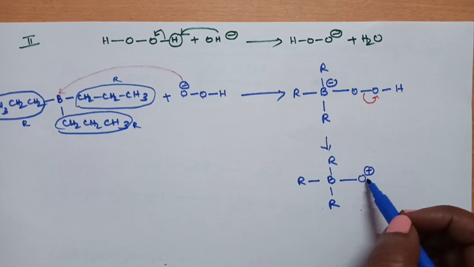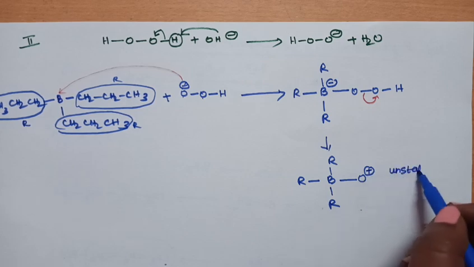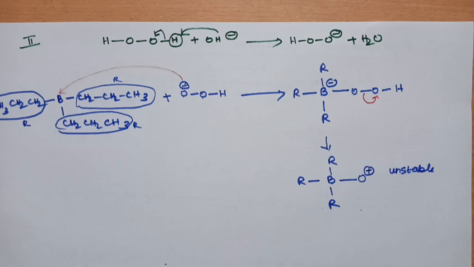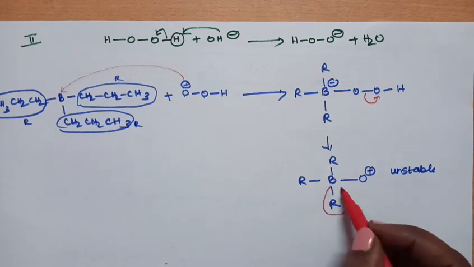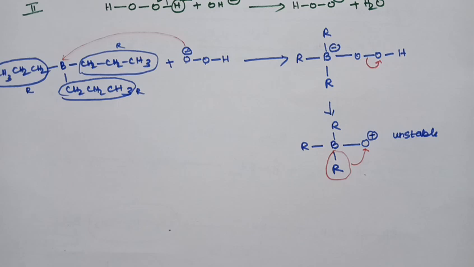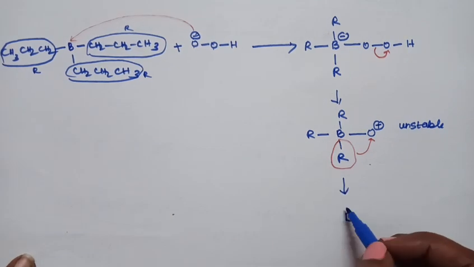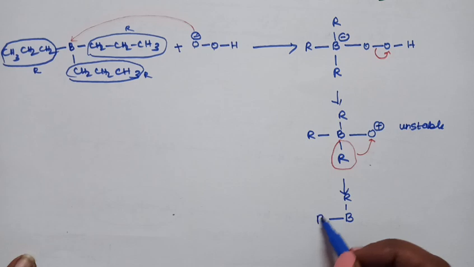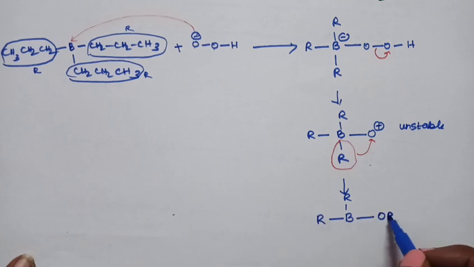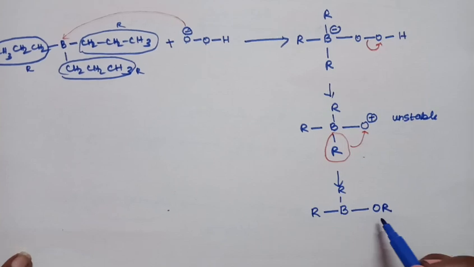Oxygen getting a positive sign means you know that it is highly unstable. So as a result, this R along with its electrons will be shifted to oxygen. You will be getting B, R, R, and this becomes OR. So R will get attached to oxygen.